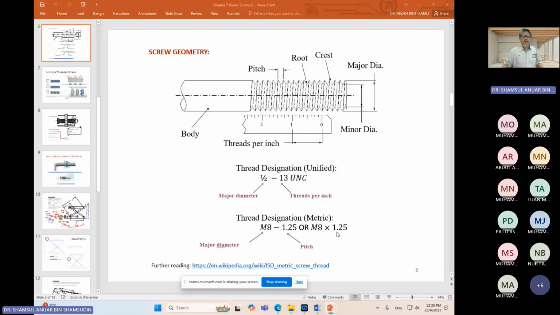But if the question is in inches, the dash 13 is not the pitch. The 13 is threads per inch. So for the pitch you have to take 1 over threads per inch, 1 over 13. So the pitch is 1/13 of an inch.